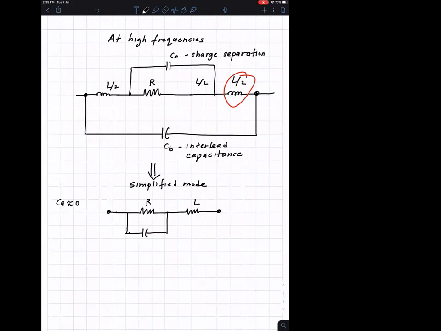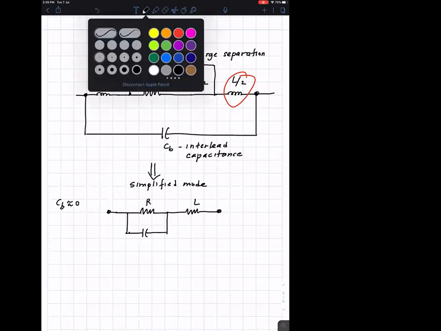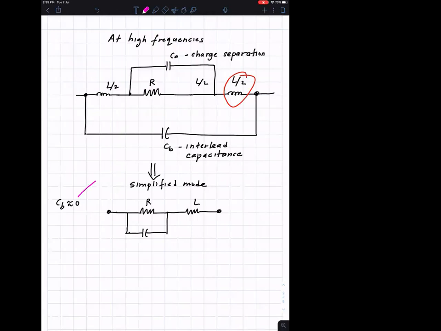Sorry, not CB. CB is approximately 0. The CB I'm talking about is this CB right here. It usually is too small and we can just ignore it.